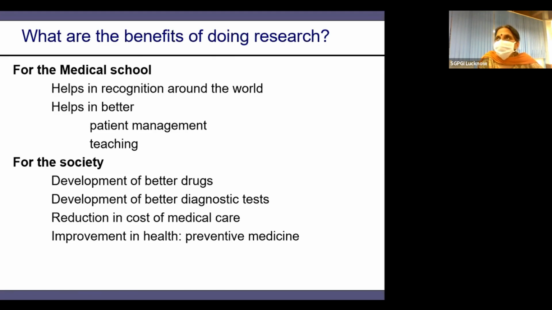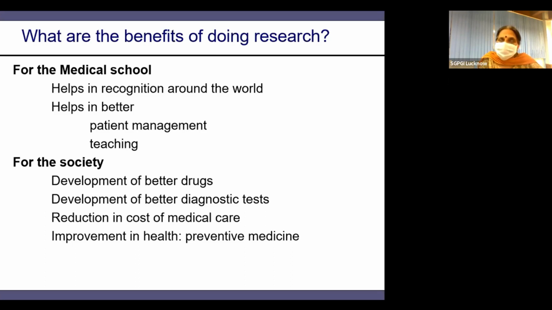Because when you do research, you have a questioning mind, and that makes you question things in patient care and patient diagnosis. You make better patient diagnosis and better patient management, and these two in turn lead to better teaching. So if you see good institutions across the world, they would probably be good in all the three areas.